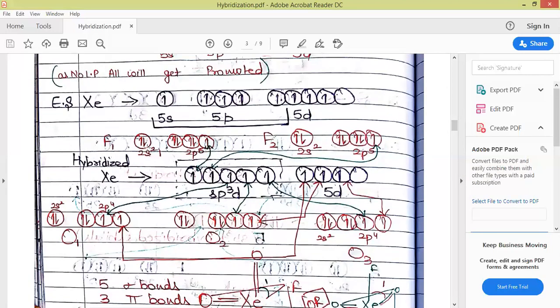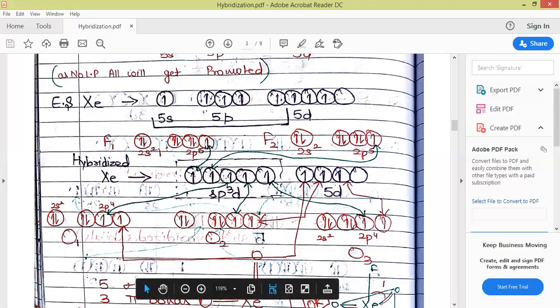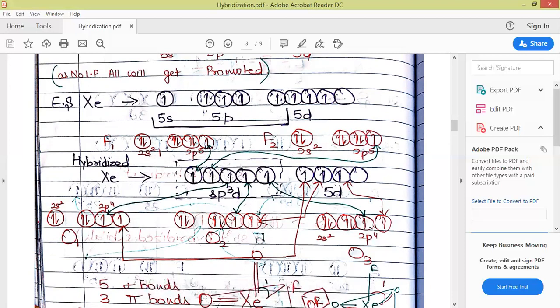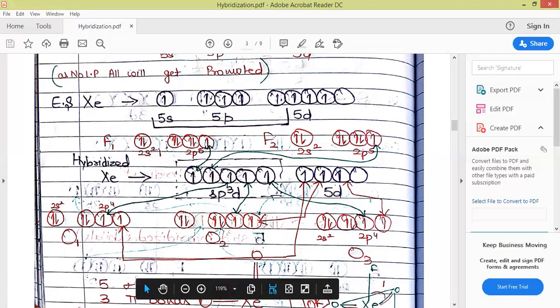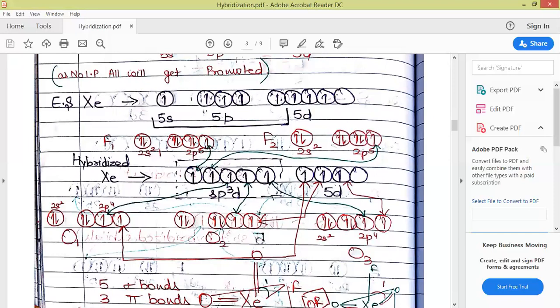So here we have shown the first fluorine with 2s2, 2p5 electronic configuration. It makes a bond with the first electron. The second fluorine makes a bond with the second electron. Then oxygen forms a bond with the third electron of xenon, and the second oxygen with the fourth, the third oxygen with the fifth one. Now, as we know that for the completion of the octet of oxygen, it needs to form a double bond.